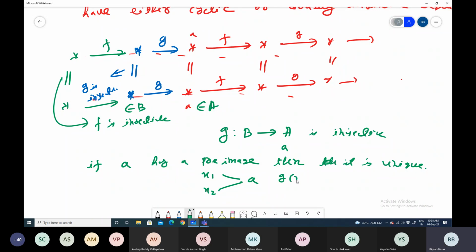It is the definition of injective, right? G of x1 equal to G of x2, which is A, implies x1 equal to x2. That is the definition of an injective map. Yes, it was a little confusing.